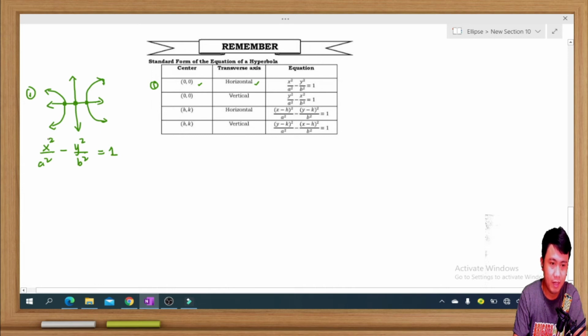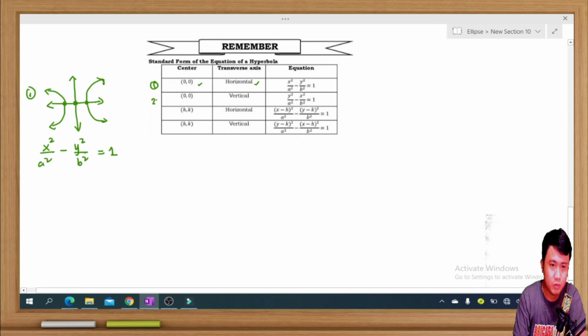For example, nauna ang ating x squared dito kasi positive ang ating numerical coefficient ng ating x squared. Ibig sabihin, ang ating transverse axis ay horizontal. At nandito rin yung ating a squared. Okay? And so that's number 1.